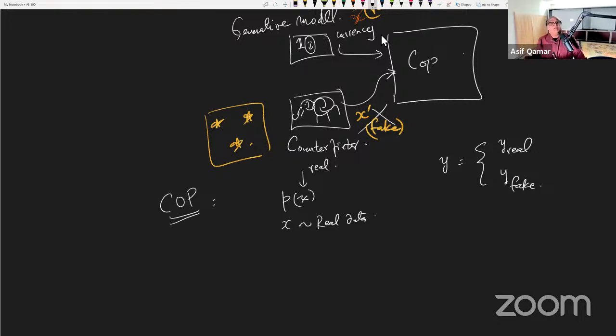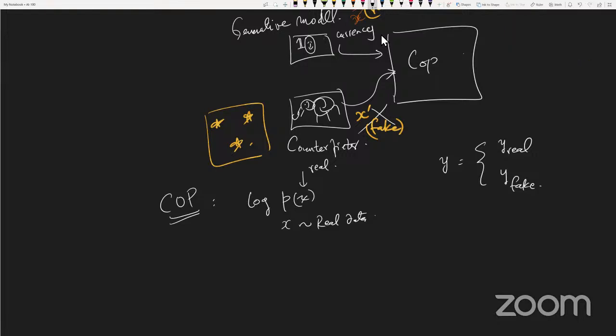But if the cop says, no, very low chance that this is real, probably fake, what do you want to do? The cop is making a mistake, isn't it? So you need to quantify the loss with log. Log of 1 is 0, no loss.